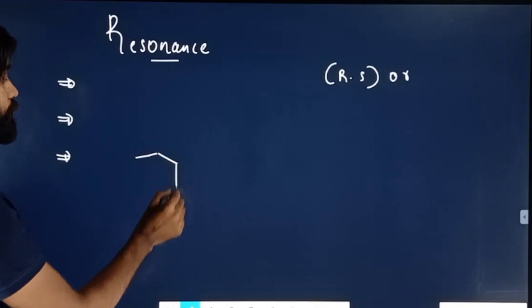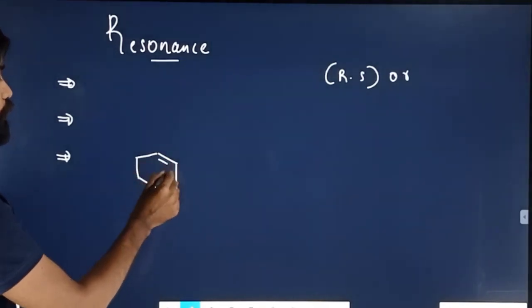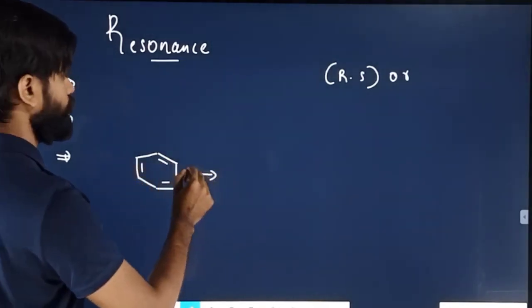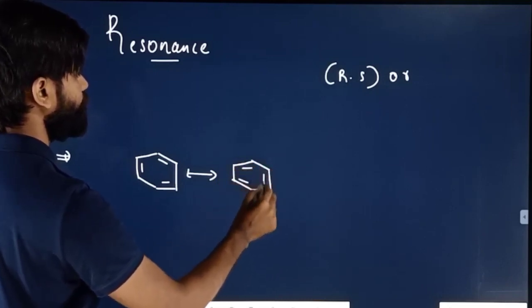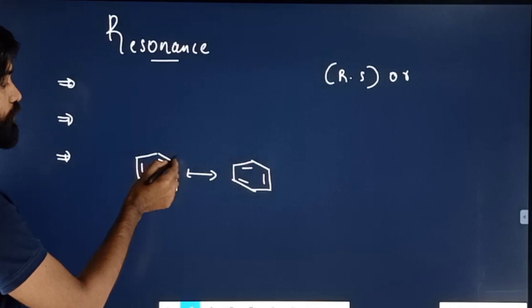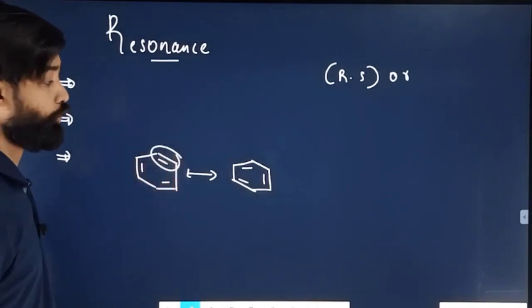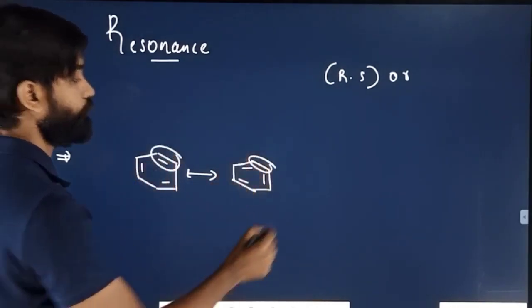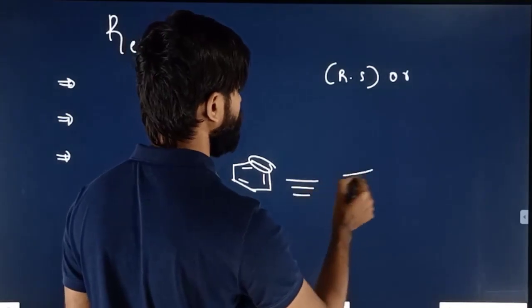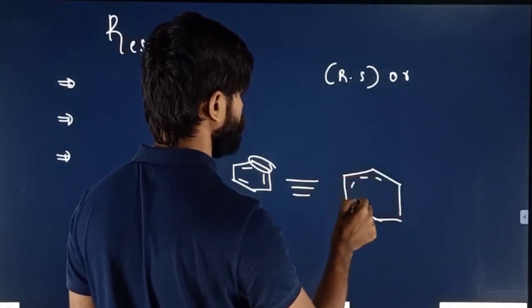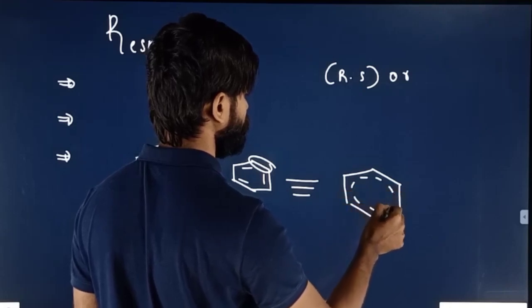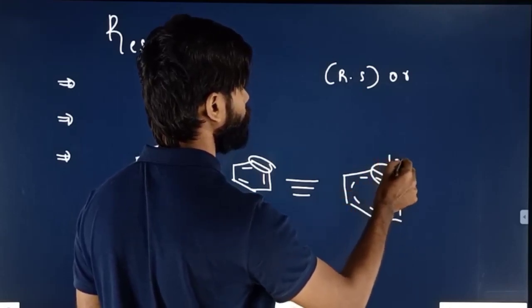We all know that benzene has two different resonance structures. In order to explain the whole property of benzene, it requires two resonance structures, because these bonds are actually not 2, not 1; they are 1.5.